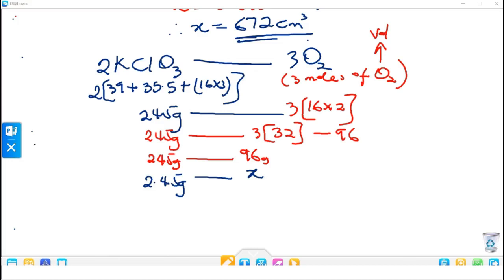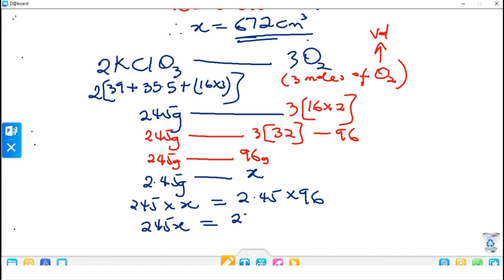Cross multiply, we have 245 grams times x will give us 2.45 times 96 grams. And there we have 245x is equal to 96 times 2.45, and that gives us 235.2.